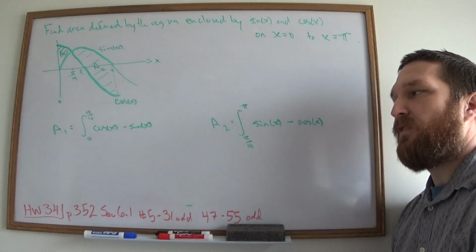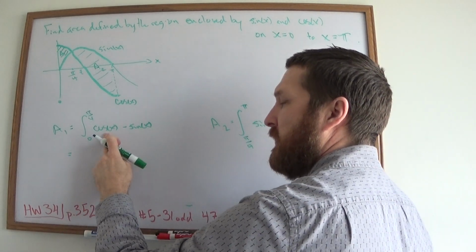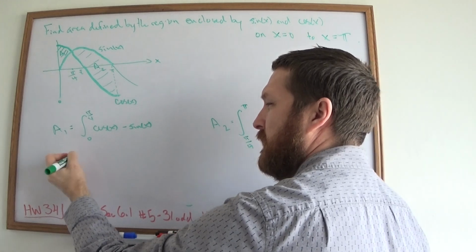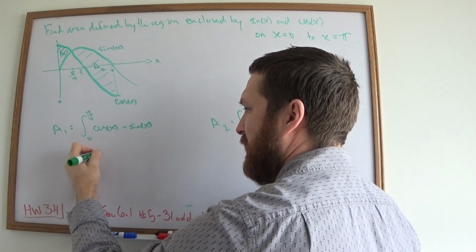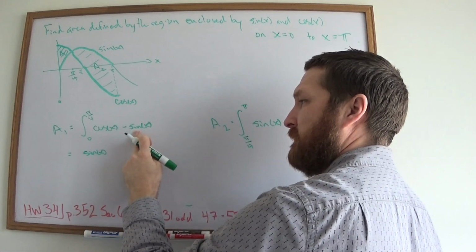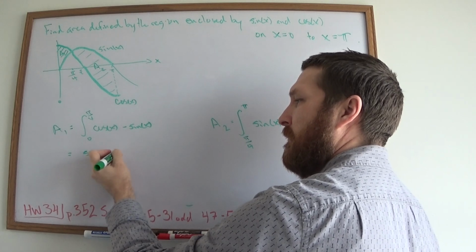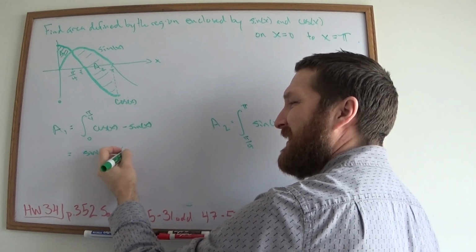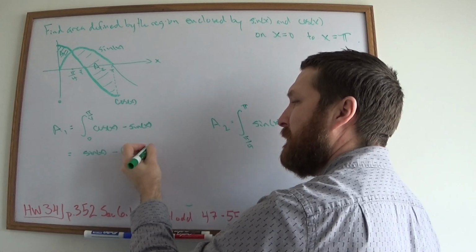Alright, so let's compute area 1. The antiderivative of cosine is just sine. What about sine? Negative cosine of x, so minus a negative cosine, but I would just write plus cosine of x.